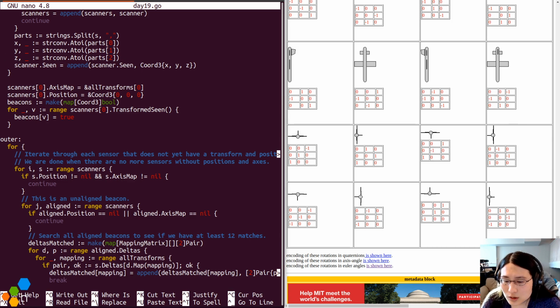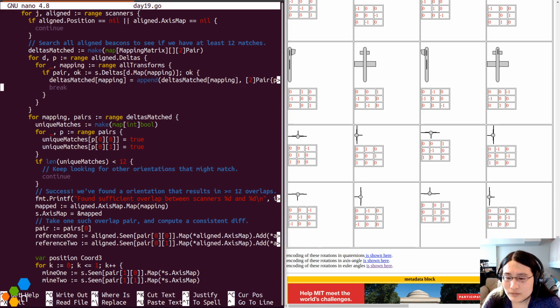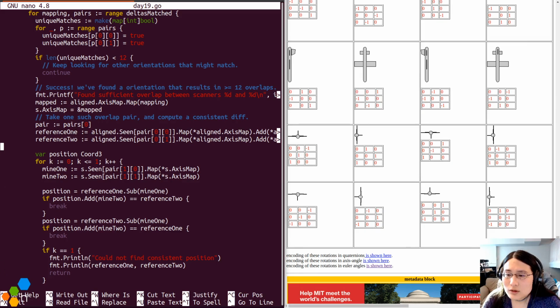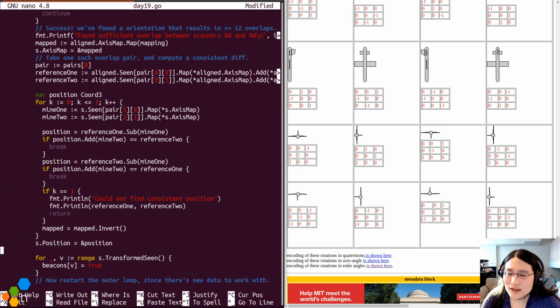Oh. Wait, I think I see the problem. I think the problem is this here. This is not right. I'm not supposed to invert the entire matrix.